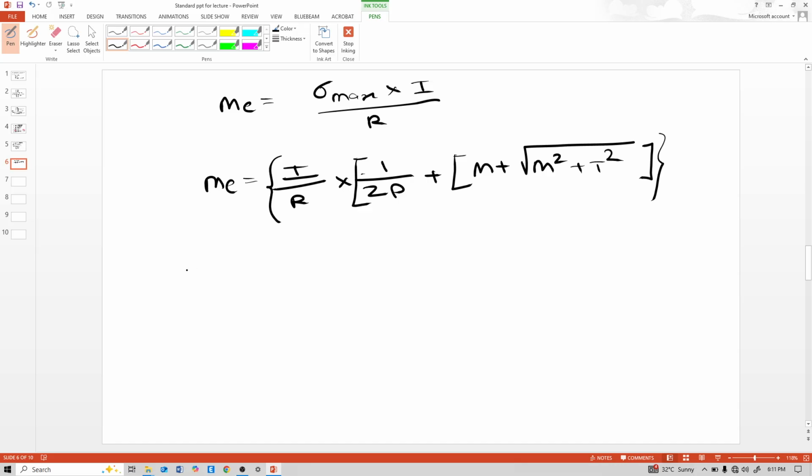So this is the equivalent bending moment.